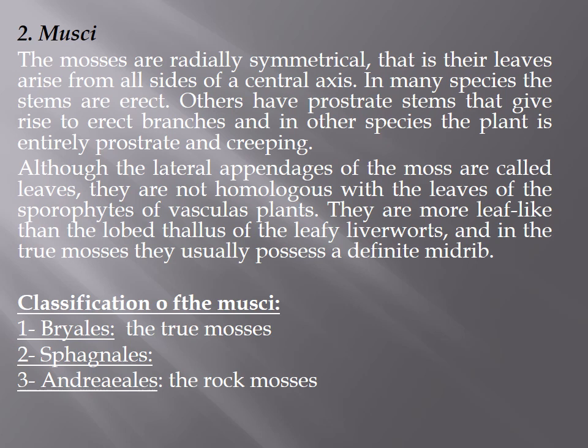They are not homologous with the leaves of the sporophytes of vascular plants. They are more leaf-like than the lobed thallus and the leafy liverworts. And in the true mosses, they usually have a definite midrib. Classification of the Musci: the Bryales, which are the true mosses, Sphagnales, and the third type Andreaeales, which we call the rock mosses. With this, we divide these plants into three main divisions.